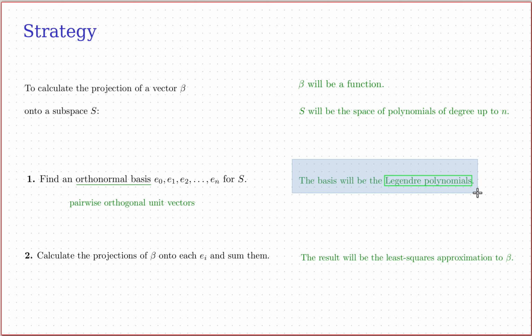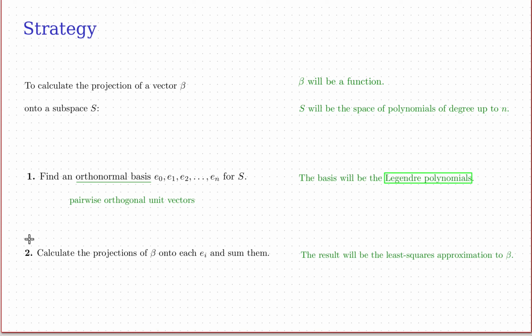They will be a special kind of polynomial that will serve as our basis vectors. Once you've got the set of basis vectors, then to project beta onto S, you simply project beta onto each one of the basis vectors and then sum those projections. And the result will be the least squares approximation to beta in the subspace S.